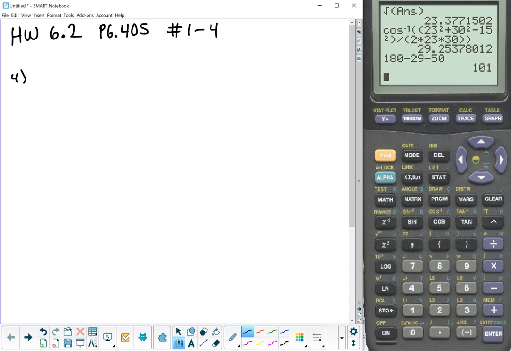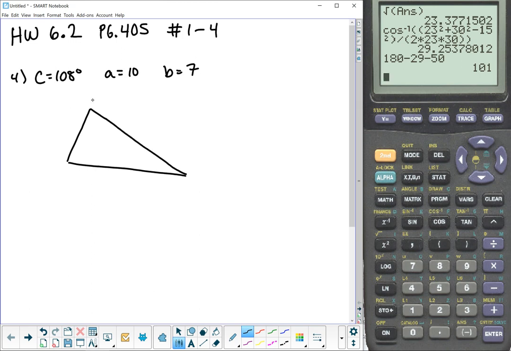Okay, number 4, last one. We have angle C equals 108 degrees, A equals 10, B equals 7. Again, you're just going to draw any old triangle to help you with your referencing. A, it doesn't matter how you put it, B and C. C is 108, and you can definitely tell this is not 108 degrees, but I'm just going to go with it. A is 10, B is 7.